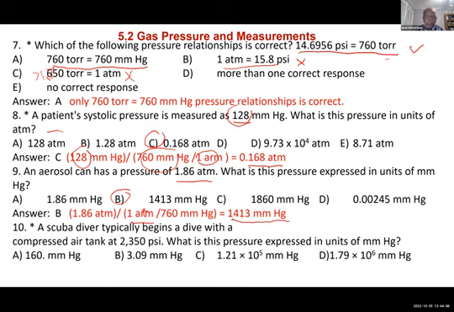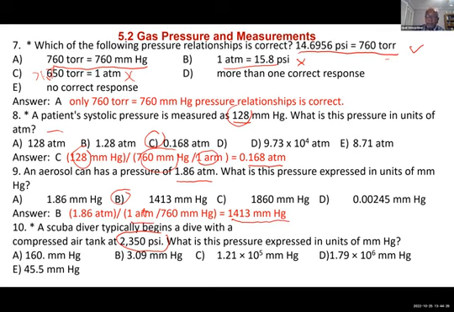Now, we're going to look into this conversion. A scuba diver begins with a tank at this pressure, 2350 psi. What is the pressure in millimeters of mercury?